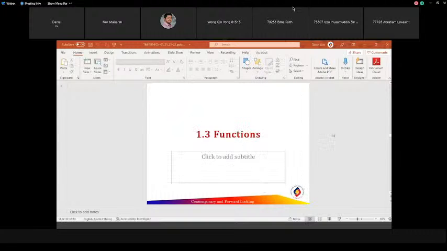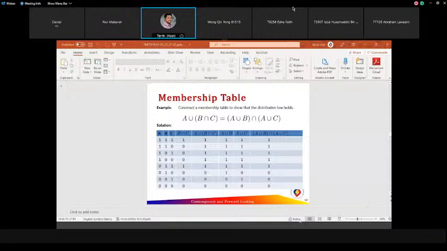Okay, so for the membership table, when we have an element present in it, we put it as 1. That means element x is a member of set A, for example. Element x is a member of set B, represented by this one.